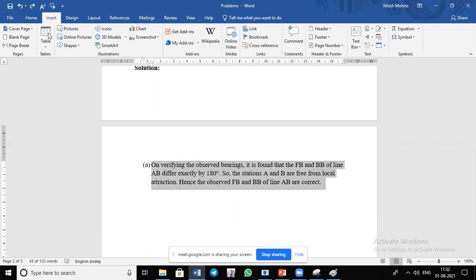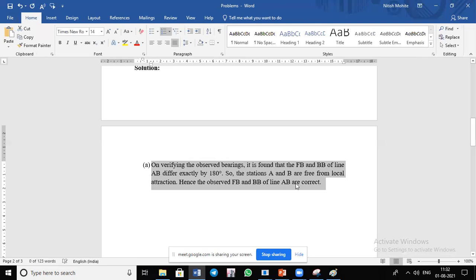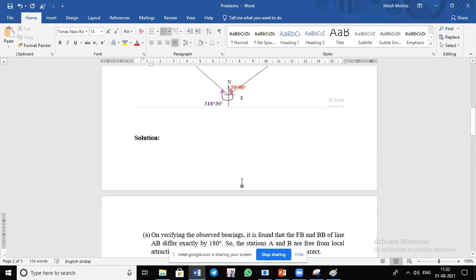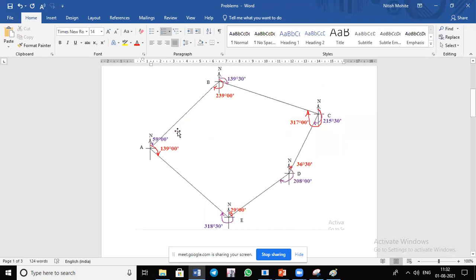So the stations A and B are free from local attraction. Therefore the forebearing and back bearing of line AB are correct. As we are moving in the forward direction, the forebearing of the line BC will also be correct.